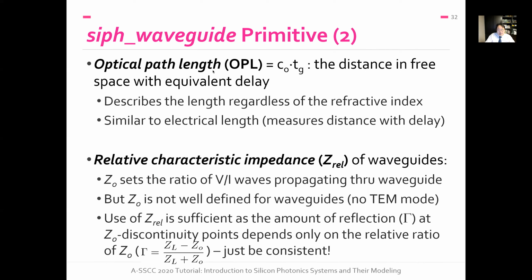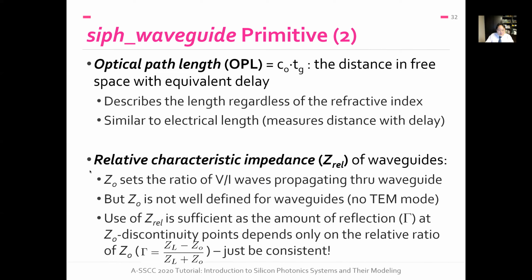Similarly, optical path length basically uses the same information, the delay that the light takes to propagate through the waveguide, but it translates into a distance that the light would propagate in free space in the same amount of time. This is just to avoid confusion due to the different refraction indices of different materials, and this is pretty standard for photonics people. So please get used to this.